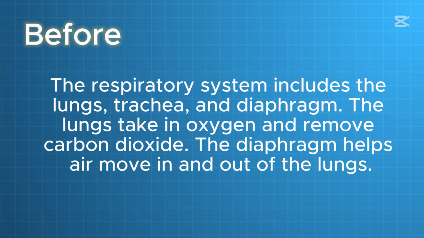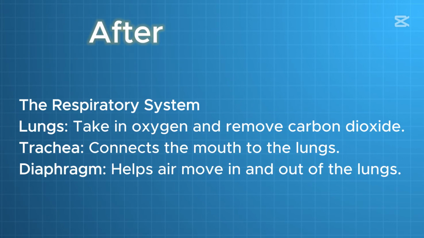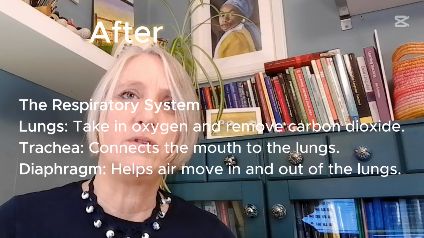Whereas an adapted version, you'd see the respiratory system. Lungs take in oxygen and remove carbon dioxide. Trachea connects the mouth to the lungs. Diaphragm helps air move in and out of the lungs. Obviously, an image or a diagram would also support this even more.